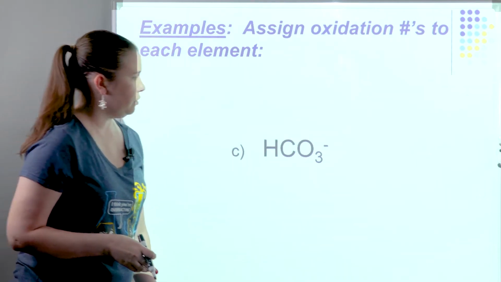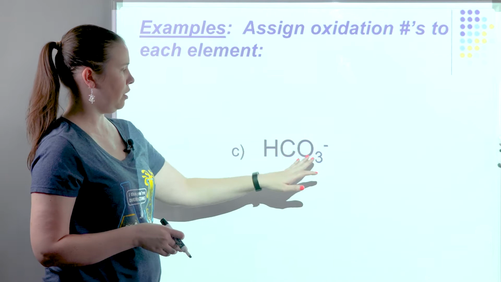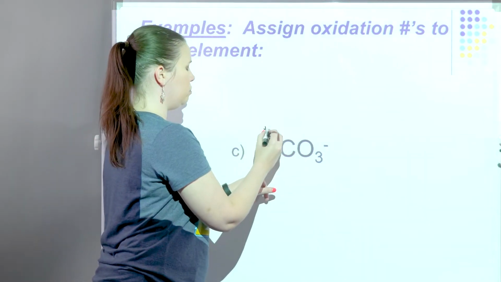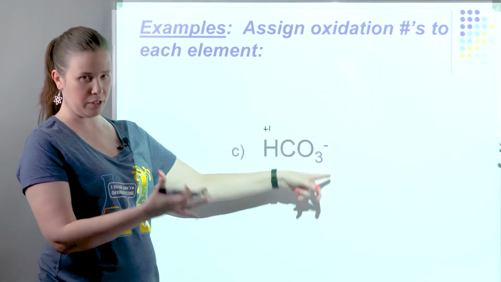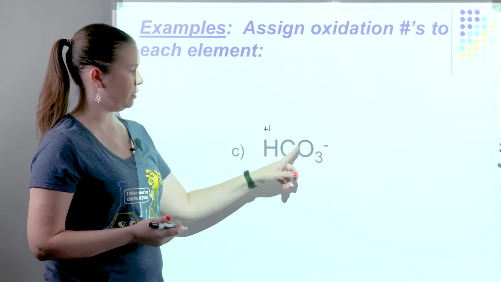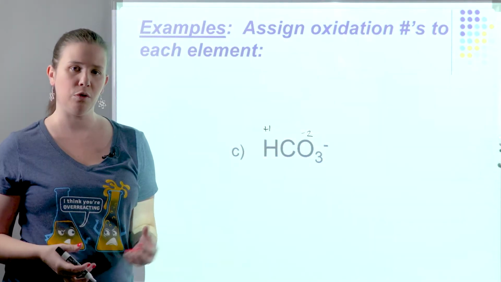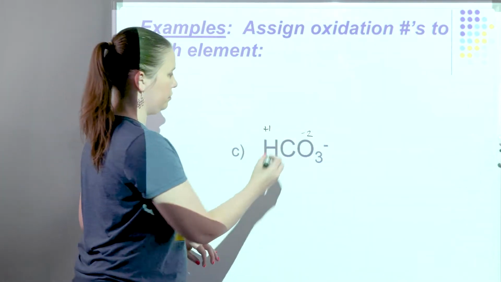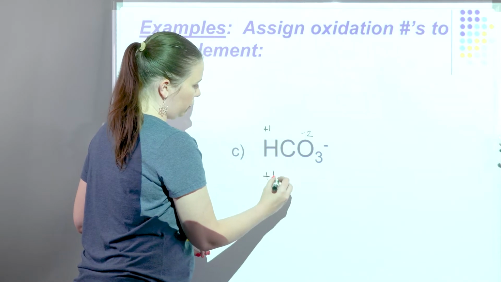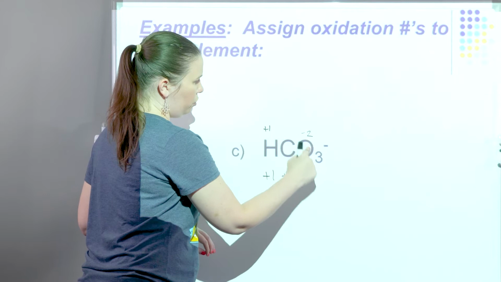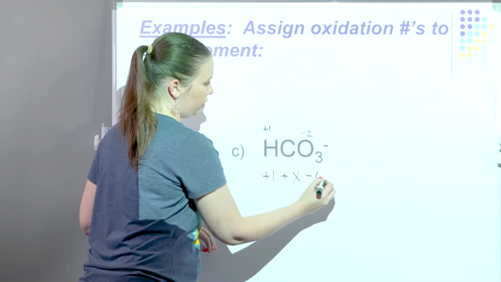Let's do one last one. We have hydrogen, carbon, and oxygen. Now we have a rule for hydrogen that it's usually +1, and I do have something negative, so I don't have to worry about it being -1. My oxygen would be a -2. So this one I could actually work without pulling out that polyatomic ion. I can see I have a total +1 on the hydrogen. I need to figure out what carbon will be, and I would have a total here of -6.